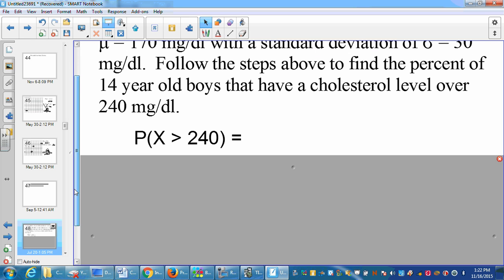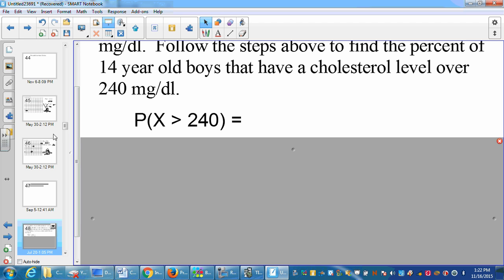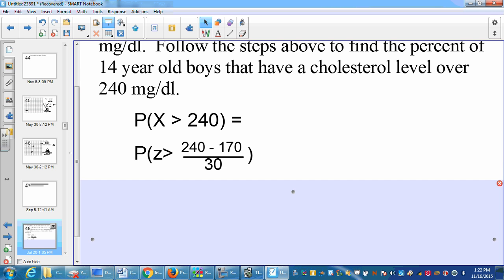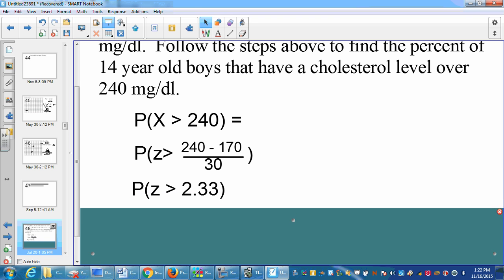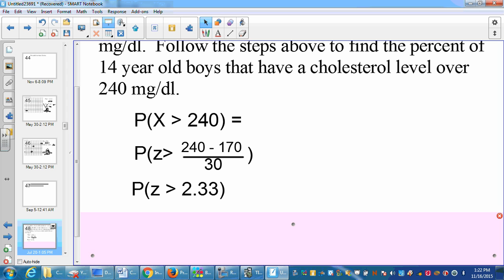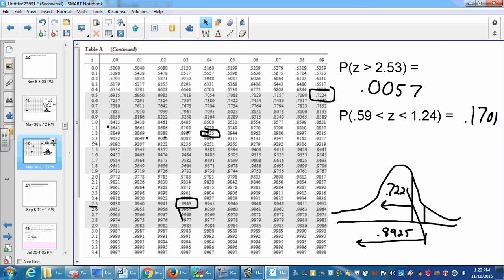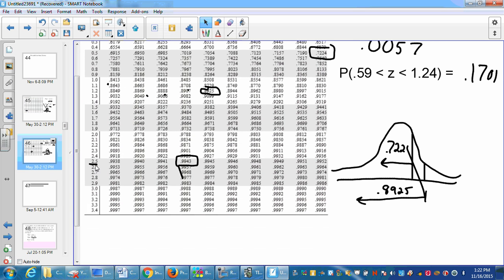Now once we have that, we want to convert it to z-scores because our standard normal is in z's. So to do that, I subtract the mean and divide by the standard deviation. Once I have that, I can just do the math, and I have 2.33. And then now I go to the chart. If I have 2.33, that's 0, 1, 2, 3. That's 0.9901.